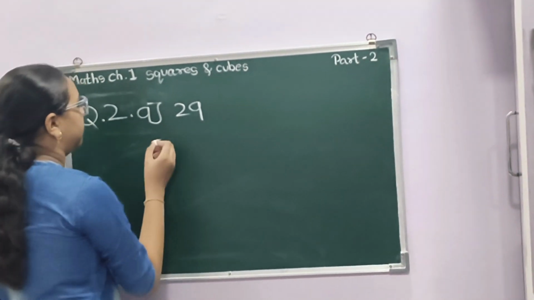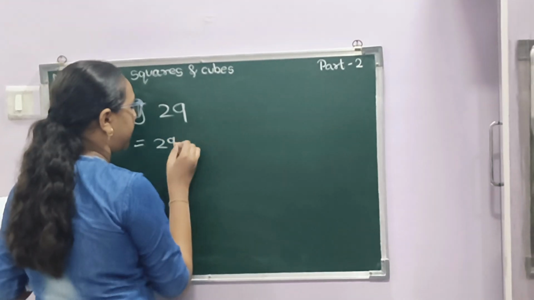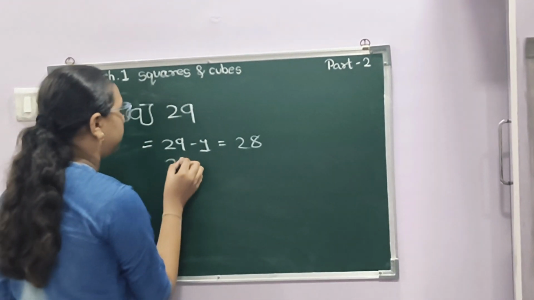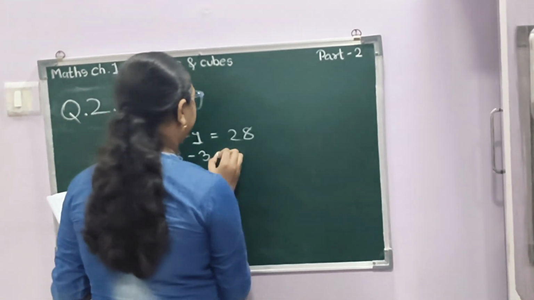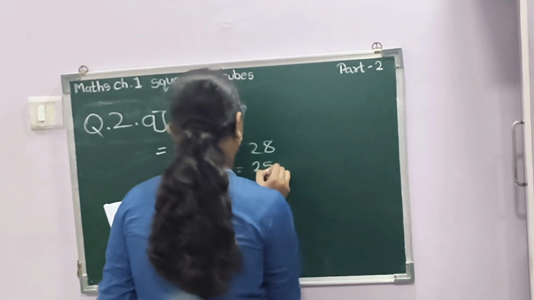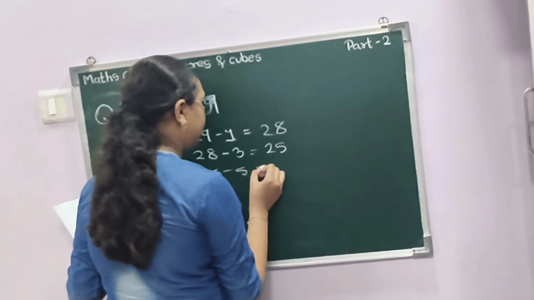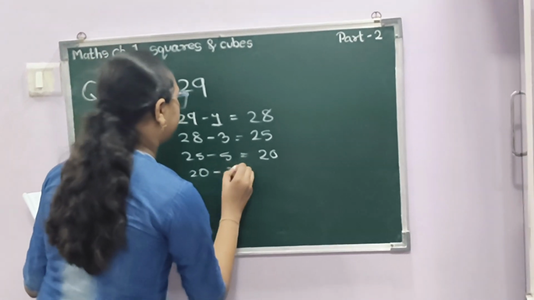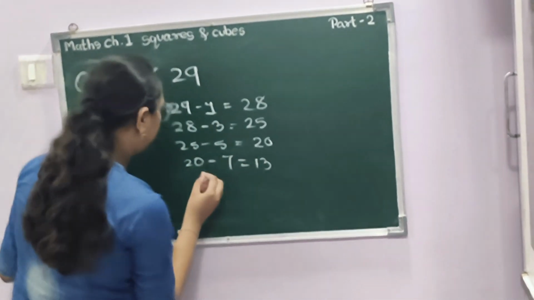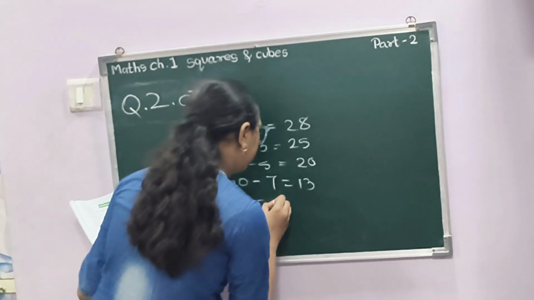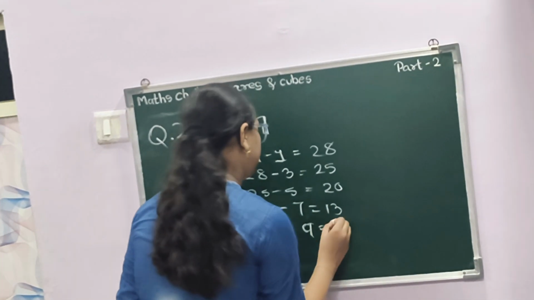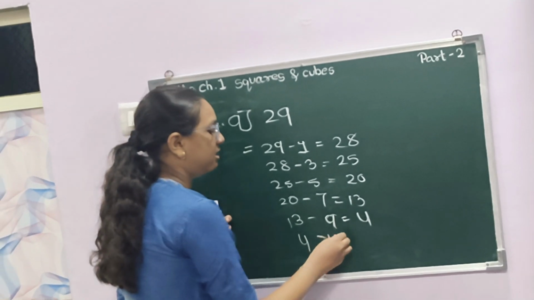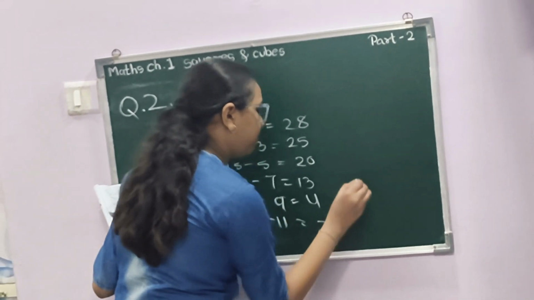Now 29. 29 minus 1 equals 28. 28 minus 3 equals 25. 25 minus 5 equals 20. 20 minus 7 equals 13. 13 minus 9 equals 4, and then after 9, 11 is coming, and if from 4 I subtract 11, the answer will be negative 7.